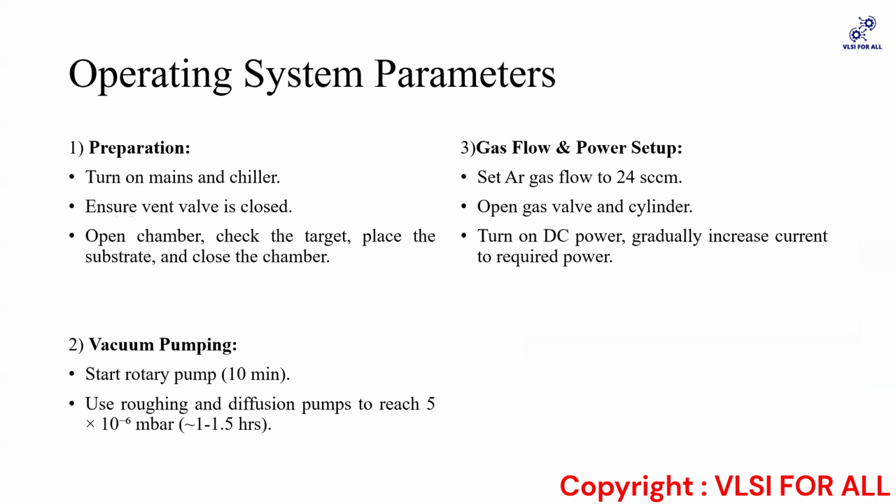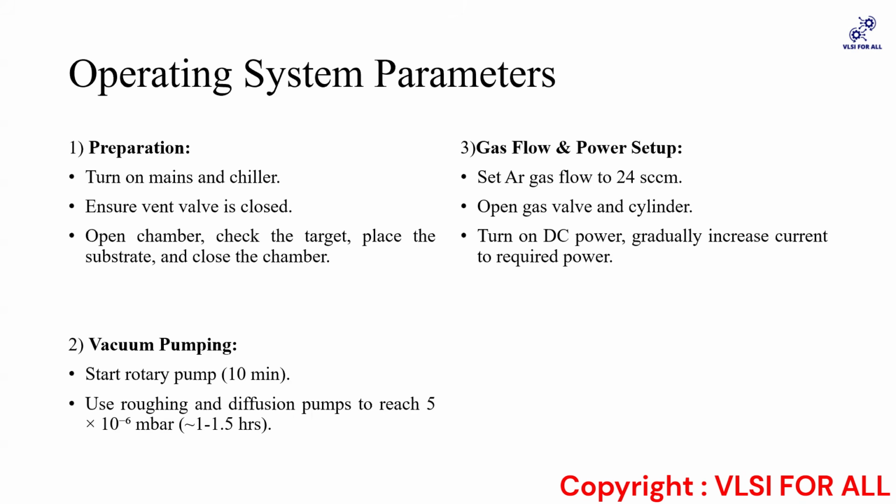Firstly, we need to turn on the mains and the chiller, and then make sure that the vent is closed. If the vent is opened, the vacuum will not be created, and it takes around 1 to 1.5 hours to create a complete vacuum in the chamber.